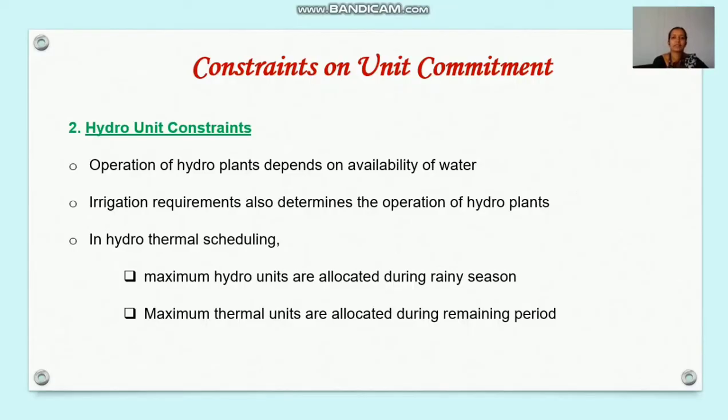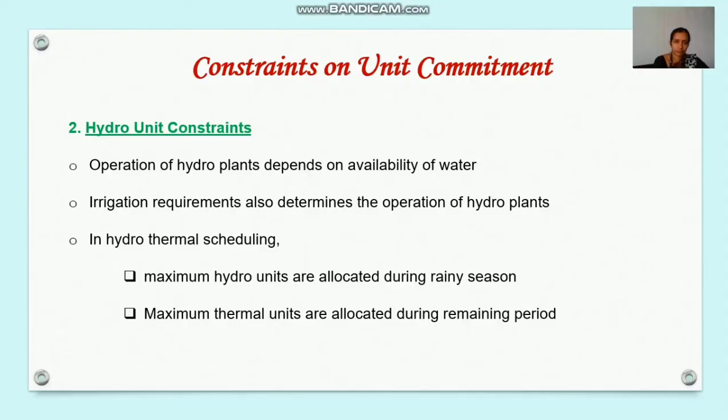So in that case, we have to divide the total load in that system among hydro plants and thermal plants. And the process of dividing this load is known as hydrothermal scheduling.